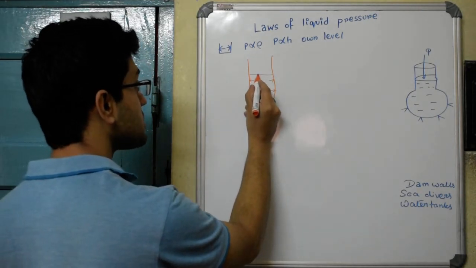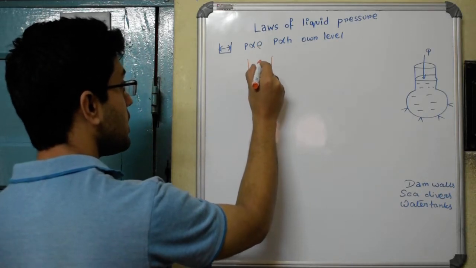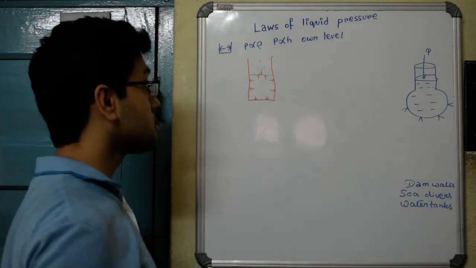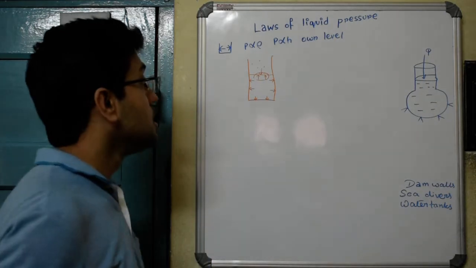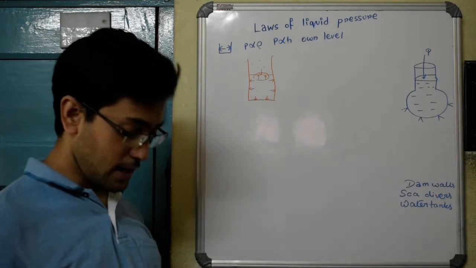The liquid also exerts a pressure here in the upward direction, but because the air molecules here exert an atmospheric pressure on the water surface, this pressure often gets cancelled. So what we can say is that it exerts pressure on the walls of the container.